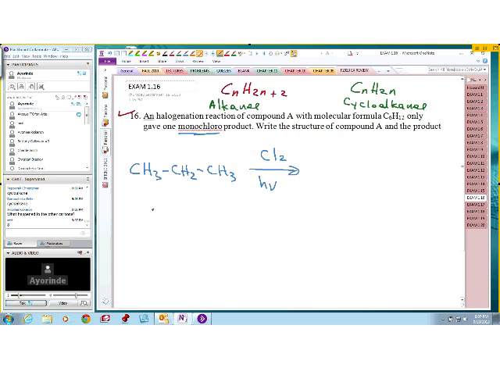Okay, very good. This methyl here, this hydrogen on this carbon, and this hydrogen on this carbon here, they are chemically equivalent. So if I replace any one of them with chlorine, I get the same product. On the other hand, if I replace this with chlorine, I get a different product. So therefore, we have two sets of chemically equivalent hydrogens in this molecule. So therefore, you get this product here.